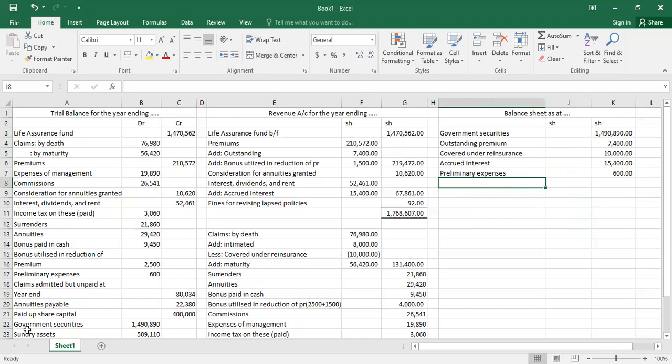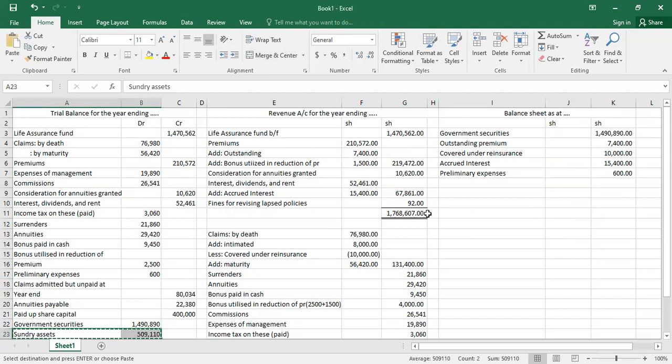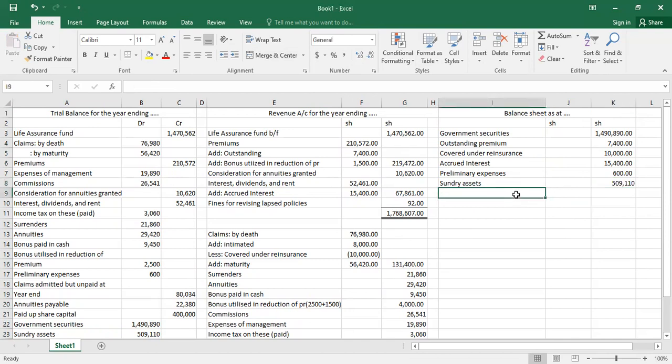Then I have the sundry assets. I cannot see any other assets. So I can add this and leave a space. Maybe we'll get an asset somewhere, to avoid back and forth.